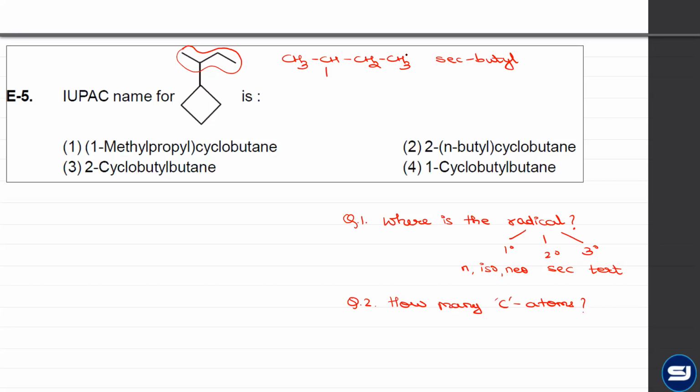Now these alkyl groups also had an IUPAC name, and for that I gave two simple rules: select the longest chain starting from the carbon which has the radical, and number the chain from the radical. The longest chain and numbering are from the radical only; no other rule applies. Here the radical is the first carbon, here second, here third. So this becomes a substituent called 1-methyl, and the parent of 3 carbons would be propyl. That is the IUPAC name of sec butyl. Clear?